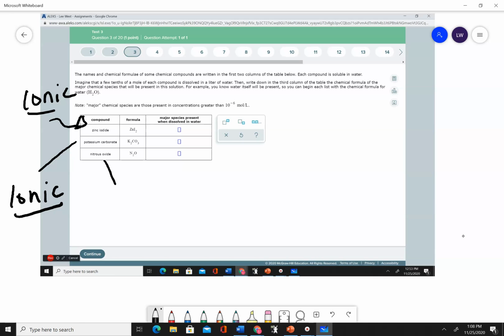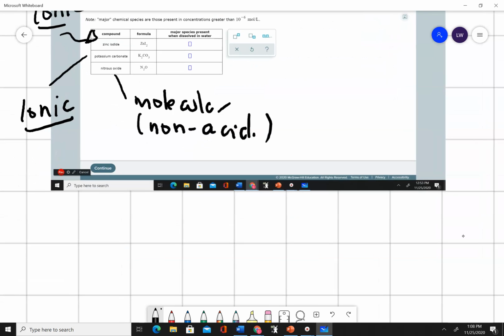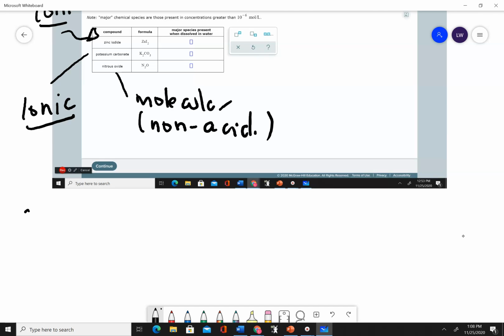This is a covalent compound, or a molecular compound. It doesn't contain hydrogen. The name doesn't end in acid, so I know that it's a non-acid and it's not going to dissociate. So my first 2 compounds there will dissociate into ions when they're dissolved in water, and the last one will remain as intact molecules.